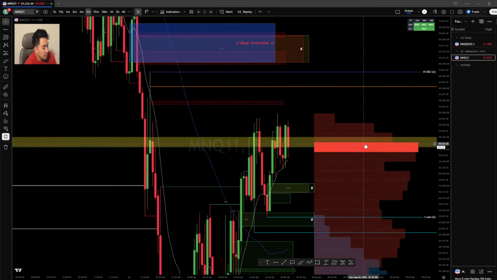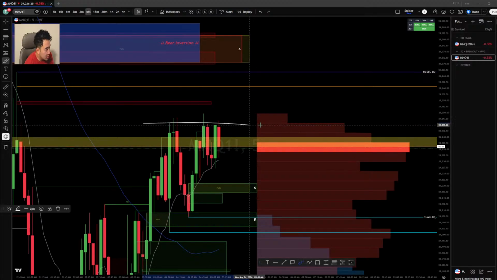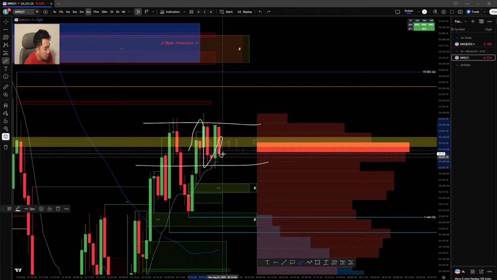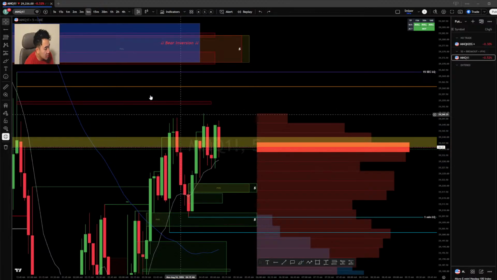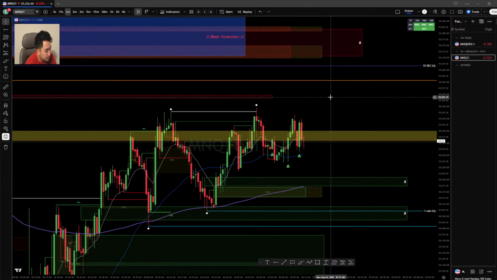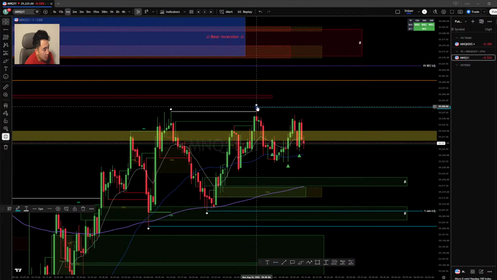Right now price is just ranging in between these levels here, until it decides to break out to one side. 1 minute liquidity right here.